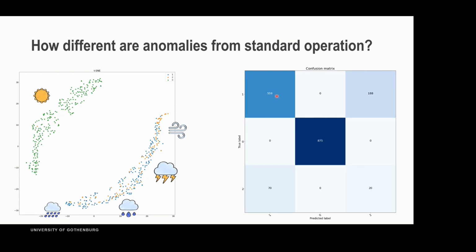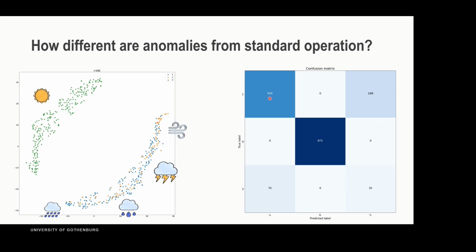But the algorithm has quite a hard time confusing the rainy and windy periods of time, simply because those anomalies look very similar if you look at them from the perspective of the feature vectors that are represented by them.